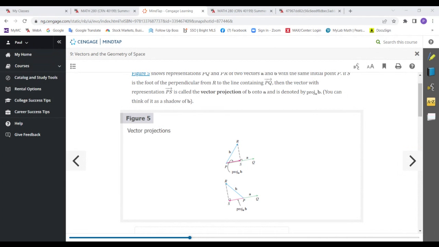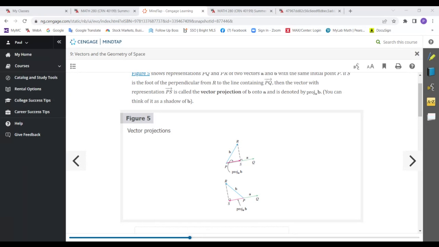In the picture, they have a vector B and a vector A. If you project the vector B onto the vector A, that's going to give you that red vector with beginning point P and ending point S. The vector PS is the projection of the vector B onto the vector A.